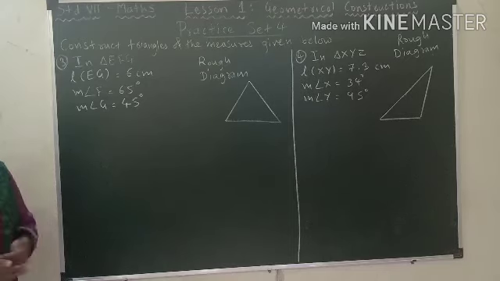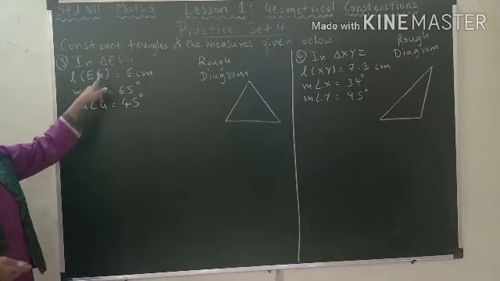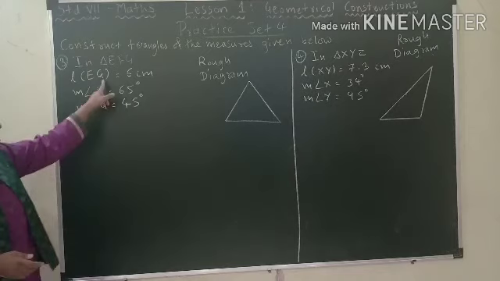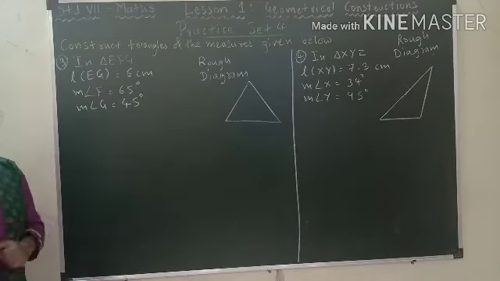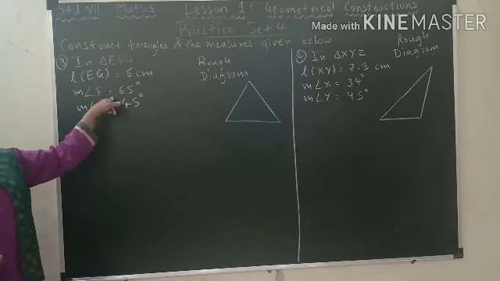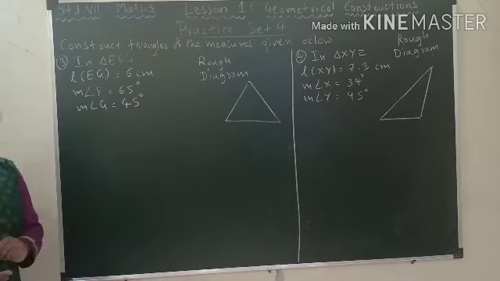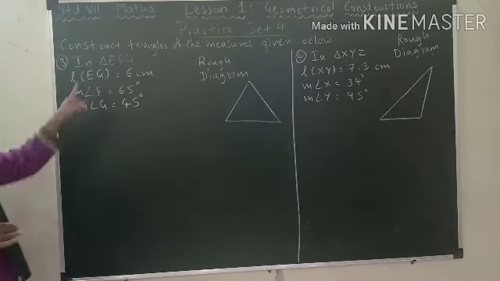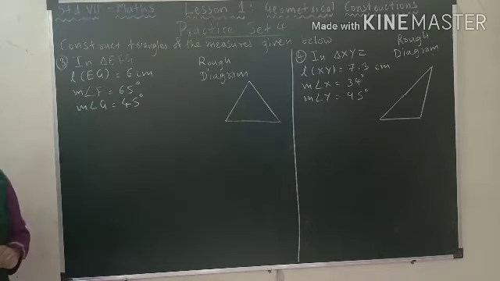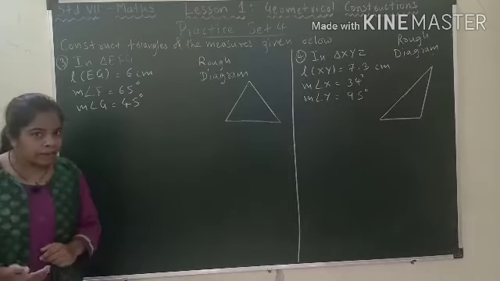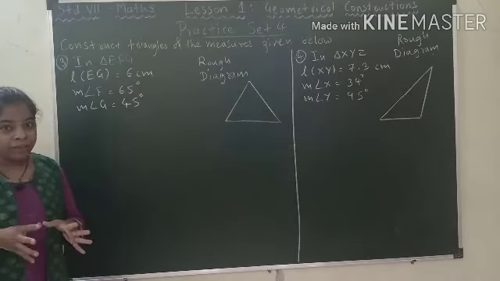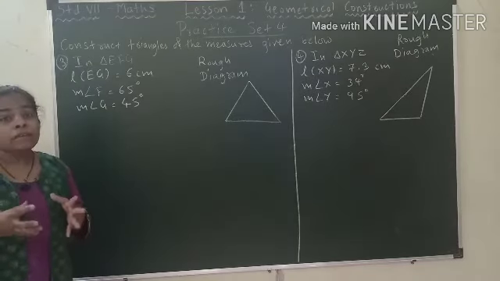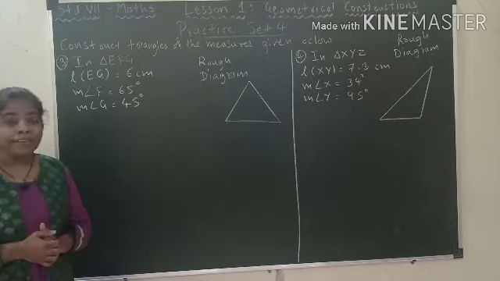So we must know the measure of angle E and angle G only. Angle G is there, but we'll have to find angle E. We don't need angle F for our construction, but we will need this measure for finding out the third measure of the triangle, which is angle E. We know that the triangle has the sum as 180 degrees for all the three angles.